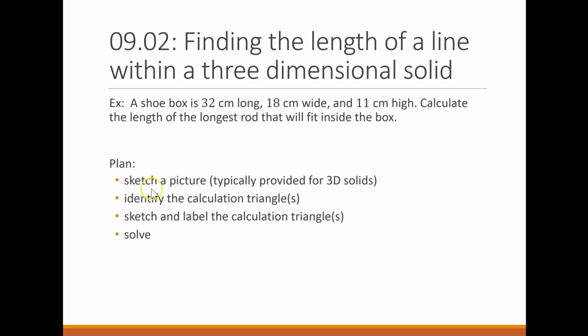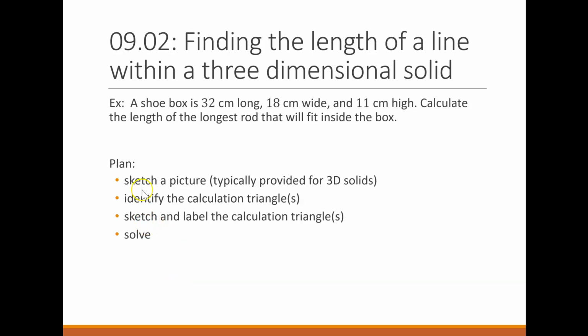Identify the calculation triangles that are going to be relevant given the information, and then sketch and label those calculation triangles. I like to draw the right triangle off to the side with the measurements on it, so I'm not cluttering up my three-dimensional picture, because you might have two or three triangles going on in there with different measurements all over the place. It gets a little messy. And then solve the triangles to get the relevant information.